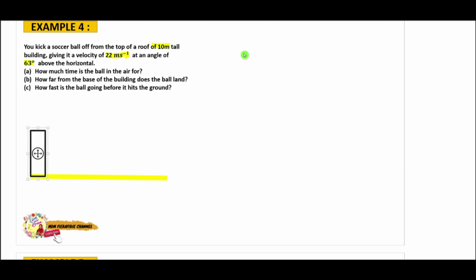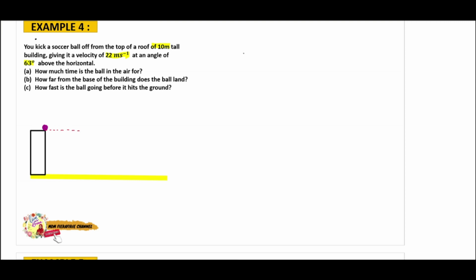Okay, saya adjust kejap. Okay, and then so you kick the ball. Okay, so let's draw here. So this is the initial point. So I want to label this as the initial point.